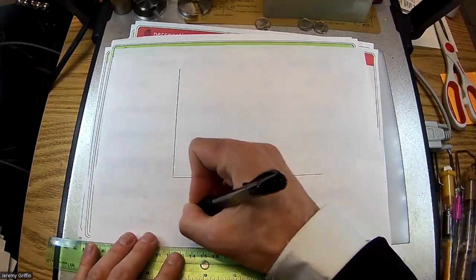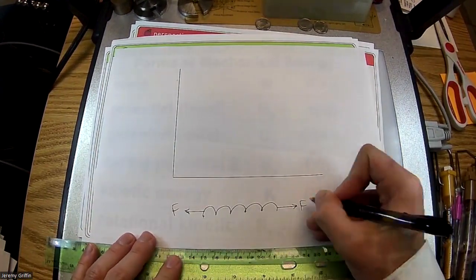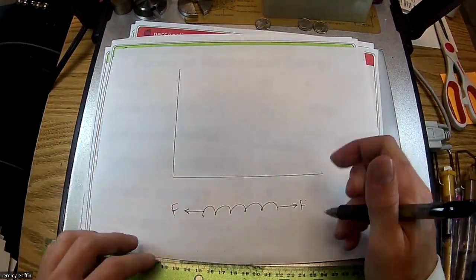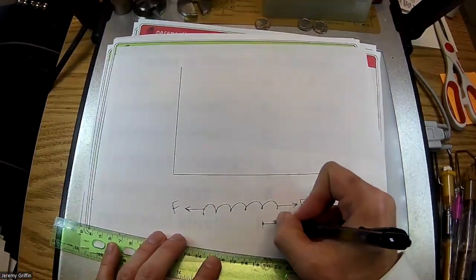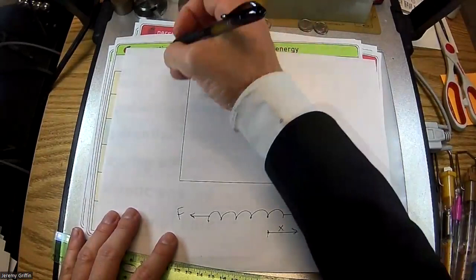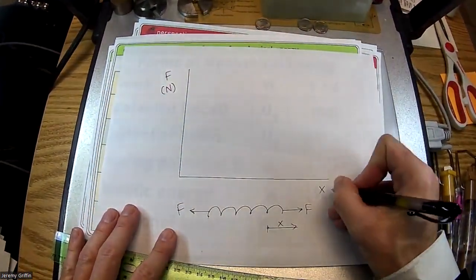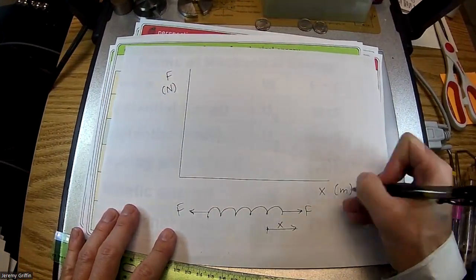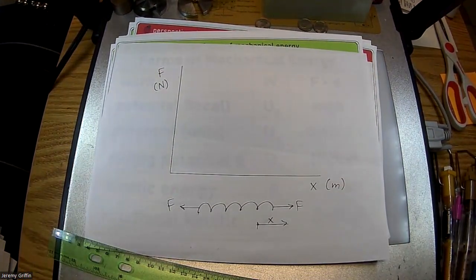Since I got stretched springs in front of me, I'll just go ahead and stretch a spring. I got some force, and an equal and opposite force from Newton's third law. It's going to stretch some amount. I want to say, what's the relationship between what force I'm putting on it, say in newtons, and how far it stretches, say in meters? Something like that. You guys should know what this graph looks like.